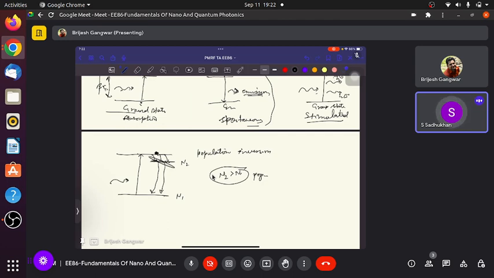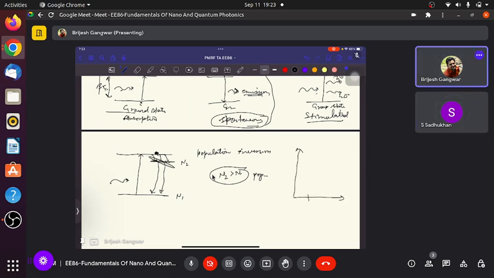Some of the electrons coming from level 2 to level 1 might be stimulated, but some are just coming naturally, spontaneously, from N2 to N1.